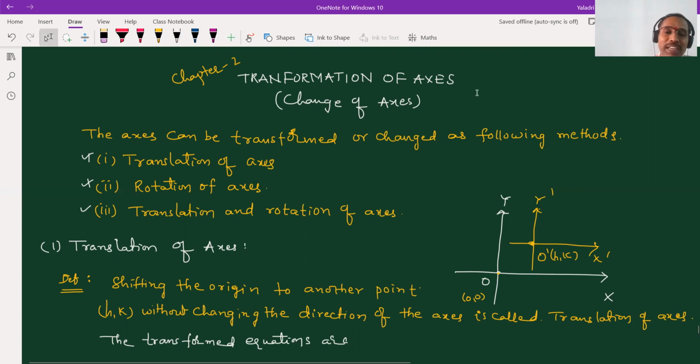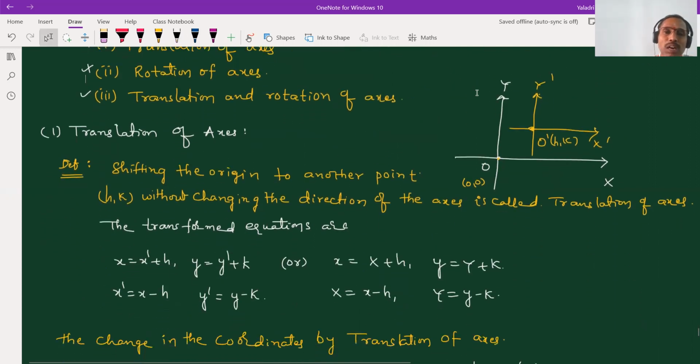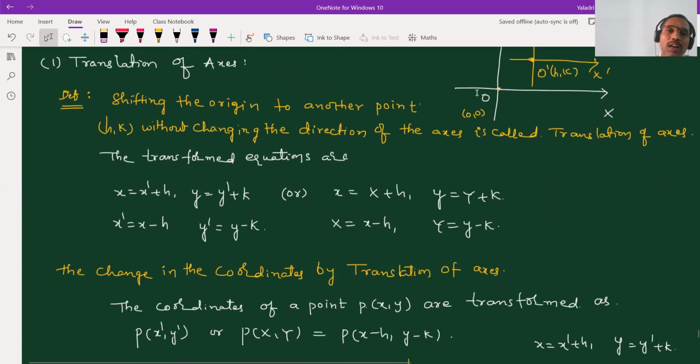The translation of axis has some equations, right? We should take it as a change of coordinates. Before and after, what are the changes? Before, let us suppose one point x comma y is there.